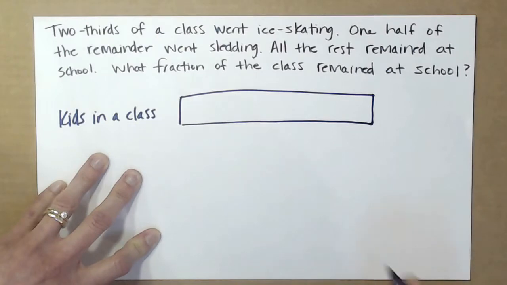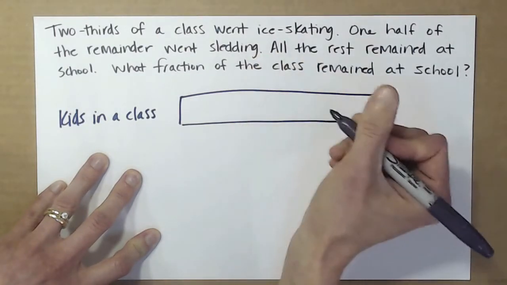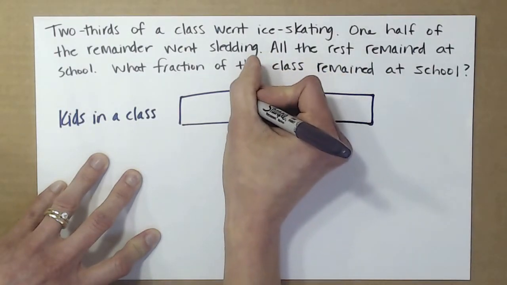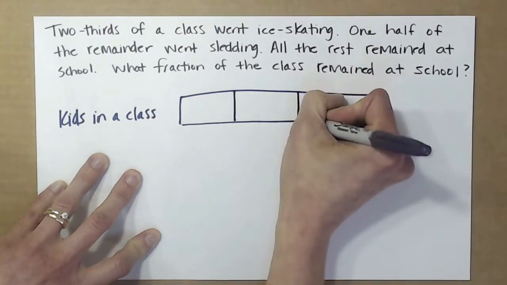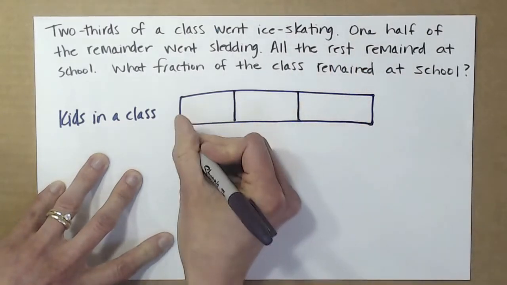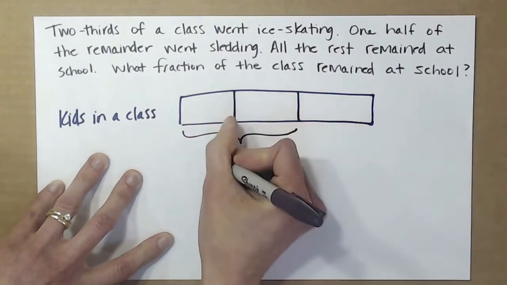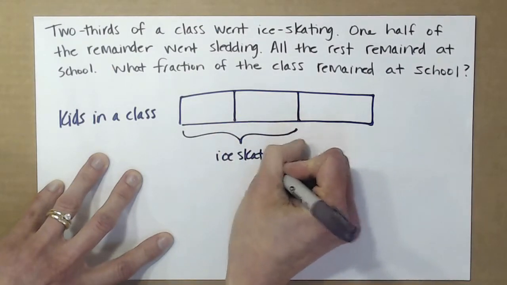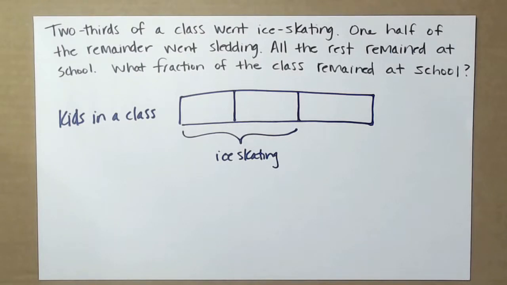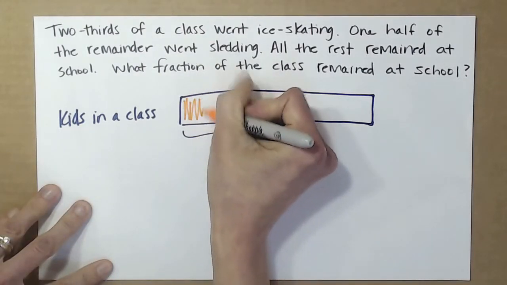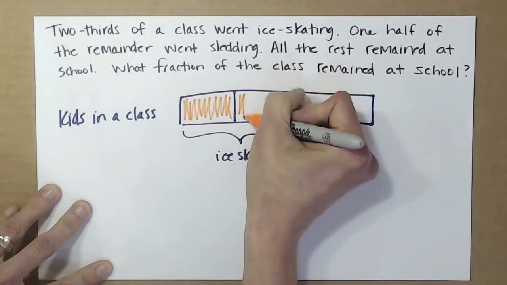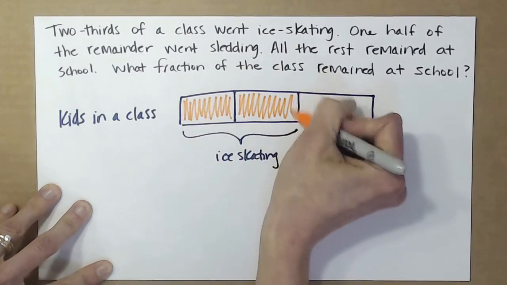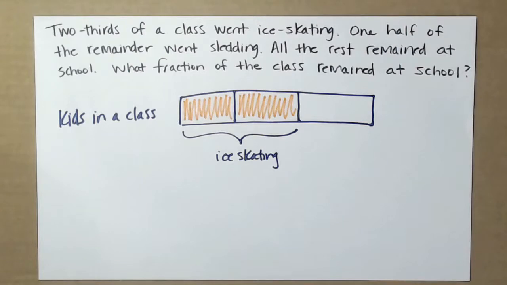Okay, and we start by saying 2/3 of a class went ice skating. So let's break it into thirds. And we say 2/3 went ice skating. Okay, and I'm going to color it in again like last time so we can see it clearly. So these 2/3 went ice skating.